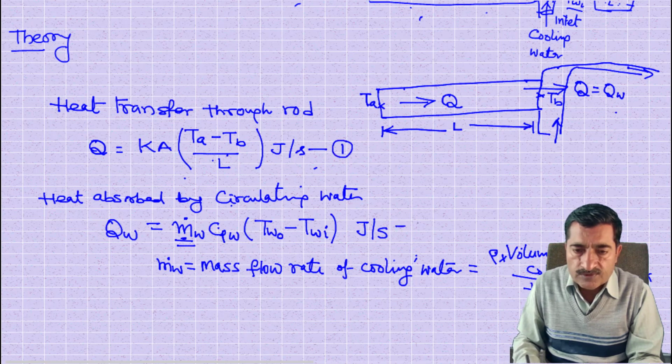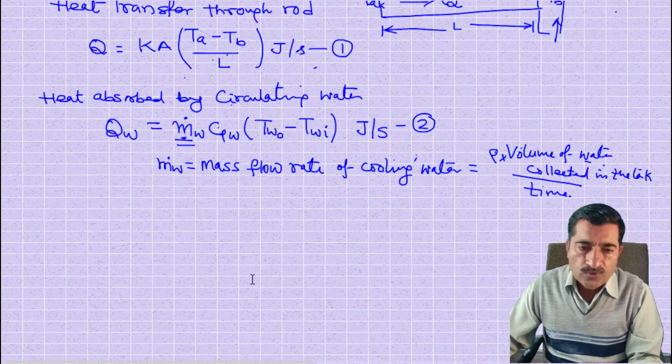and this is equation 2, means heat transfer through rod equal to heat absorbed by the cooling water.